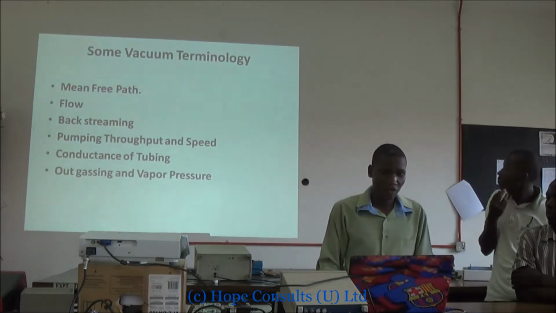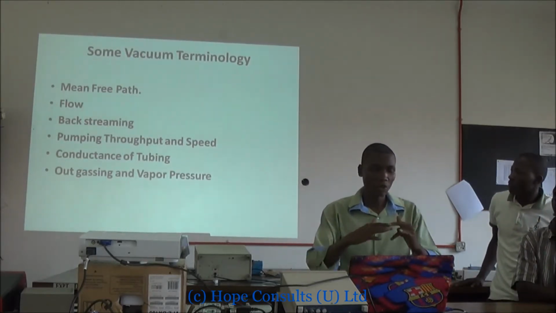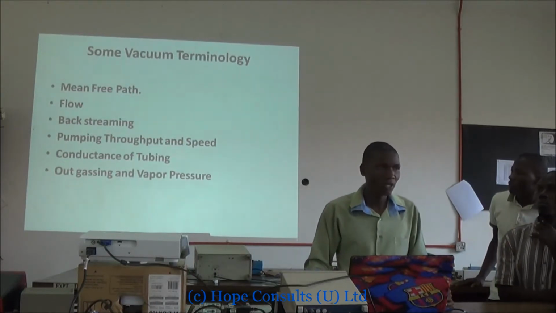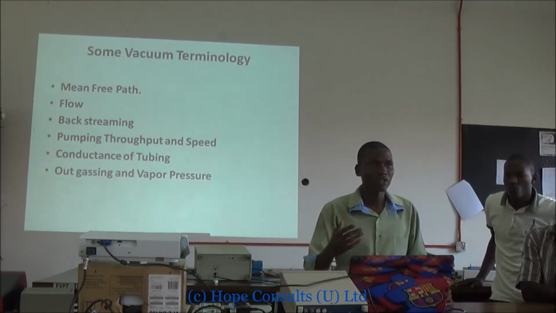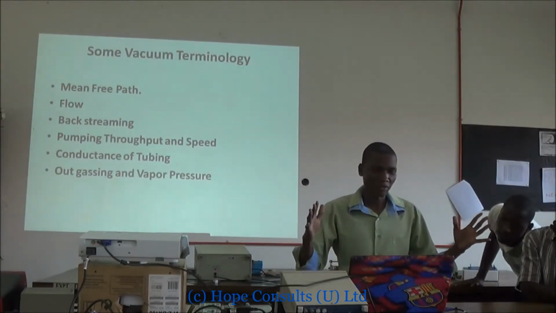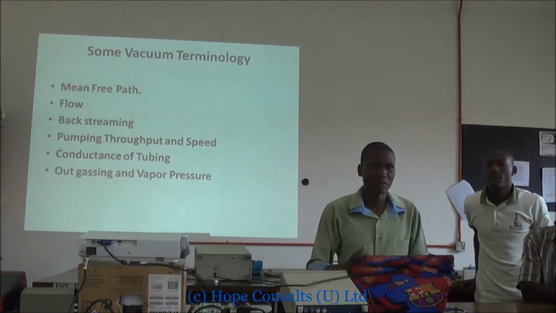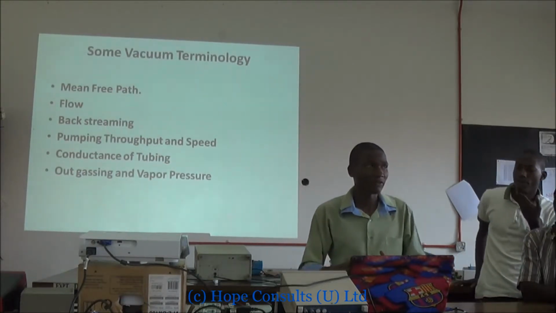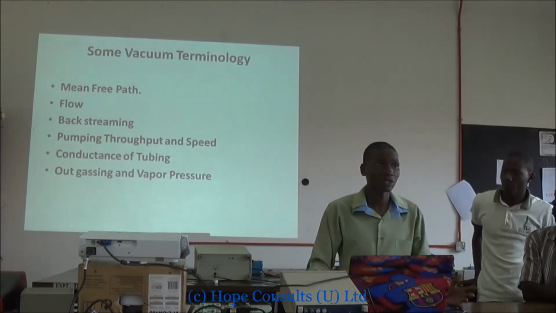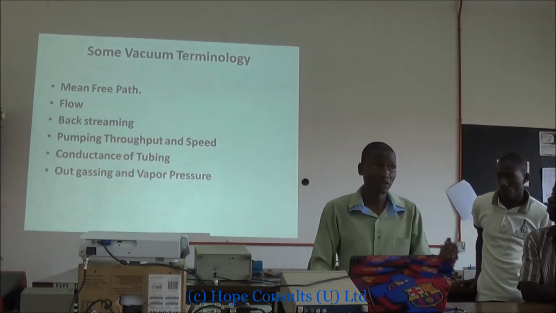Then the other one, we talk about the flow. As we lower the pressure, the fluid will undergo different types of flow. When the molecules are very many, there will be a lot of viscosity, and when it's a viscous fluid, there will always be a lot of resistance.